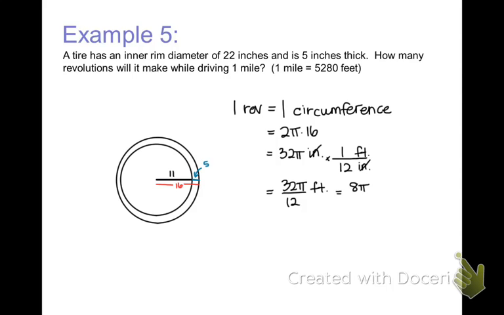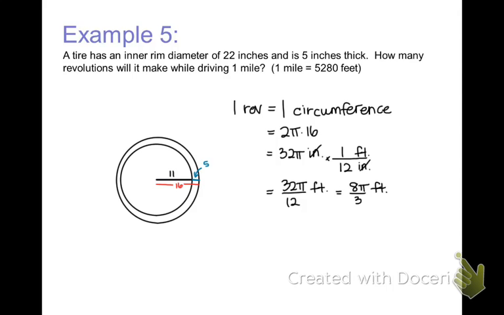I still have a pi. 12 divided by 4? So I've got 8 pi over 3 feet. Okay? That's how far I travel in 1 revolution.